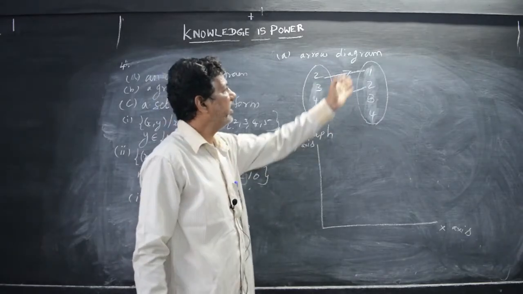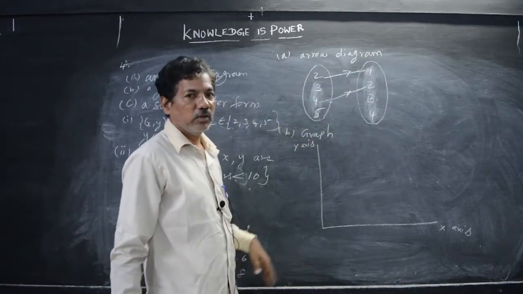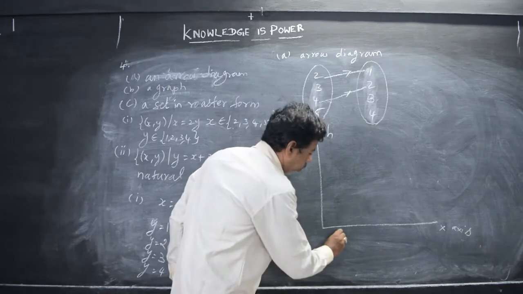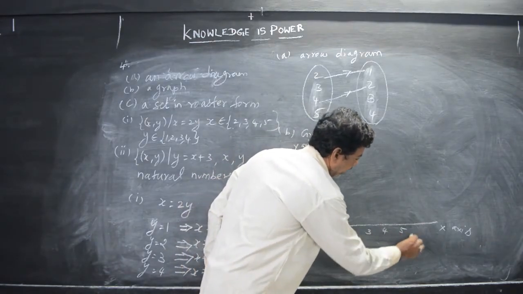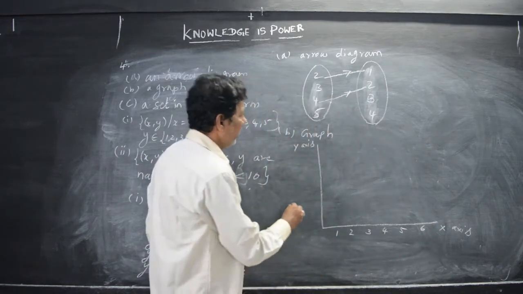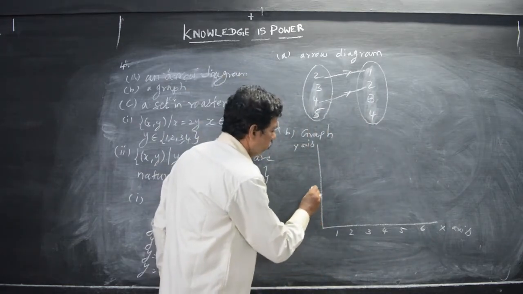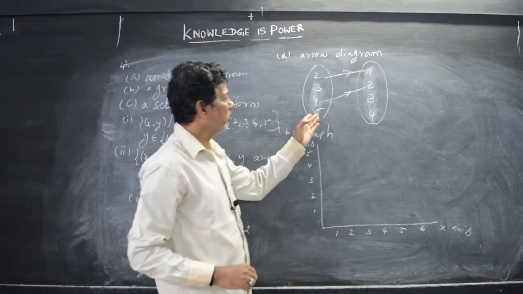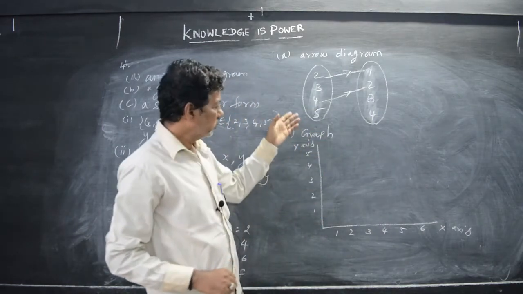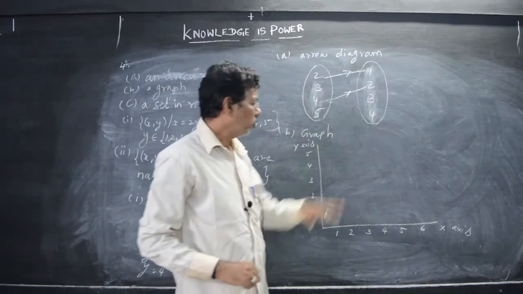We have only 1 2 3 4 5, so we can write 1 2 3 4 5 6 like that. So maximum we will get 5 for x value and y value.